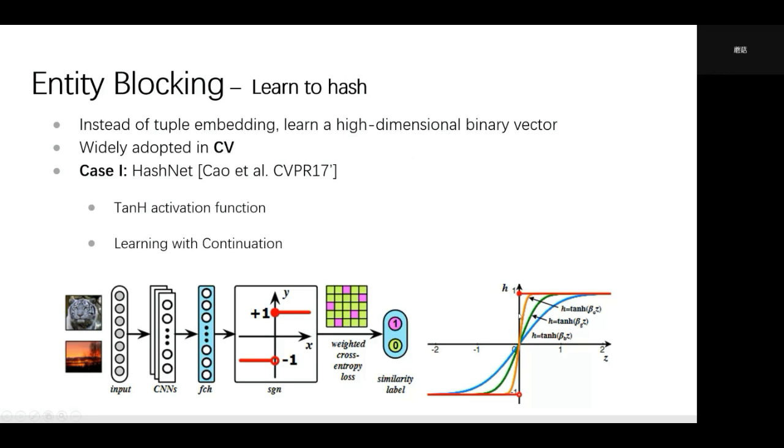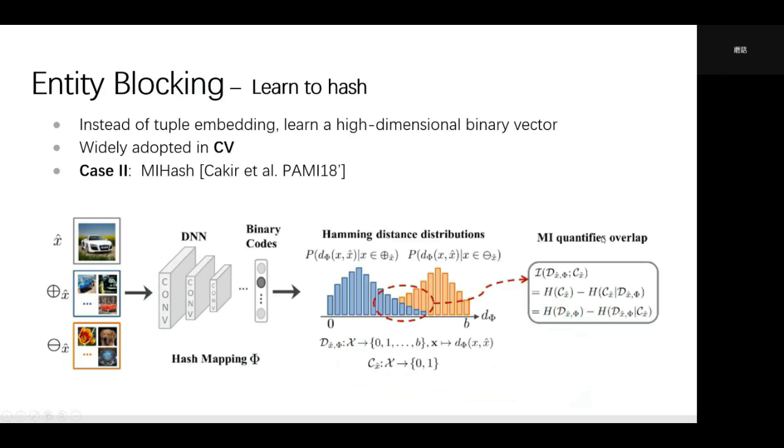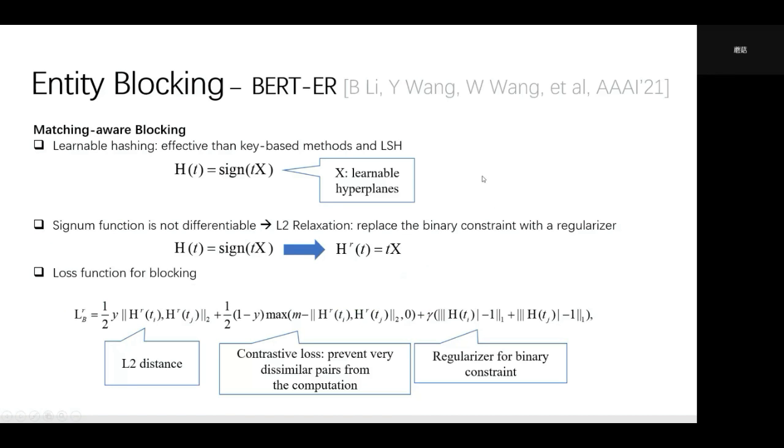In the entity blocking or entity resolution area, BERT-ER is the latest work to combine the blocking and matching methods. For blocking, the idea is that we can use the matching model to assist and teach the blocking model, which we call matching-aware blocking methods.